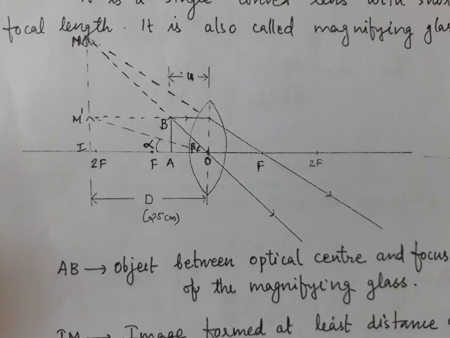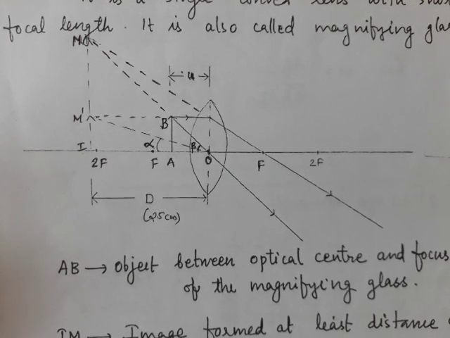Here you need to find the ratio of the angle subtended by the image at the eye when the image is formed at D, divided by the angle made by the actual object at D. We know magnification is height of image by height of object.